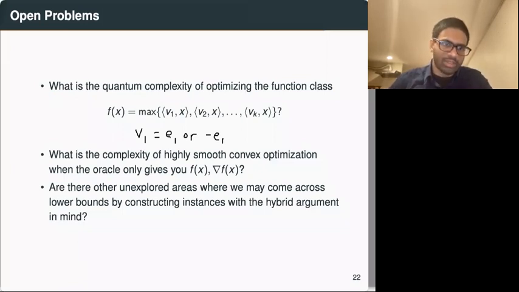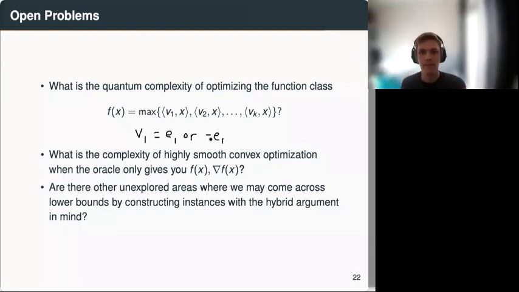For instance, when you set V1 to be E1 or minus E1, the proof that this requires omega n queries for randomized algorithms is basically saying that each query is only learning at most 2 of the values. So you need n by 2 queries to learn all n values. But you still have a better quantum upper bound despite that. Yeah. Okay, thank you.